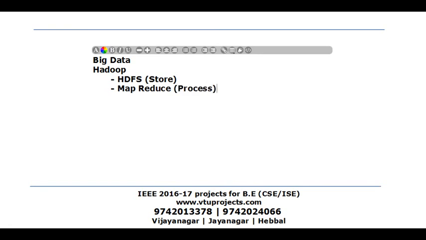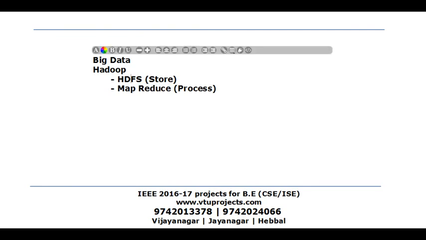As simple as that. How will you store the data in Hadoop? Use HDFS. How will you process the data in Hadoop? Use MapReduce. Now I'll give you a more detailed explanation of HDFS and MapReduce.